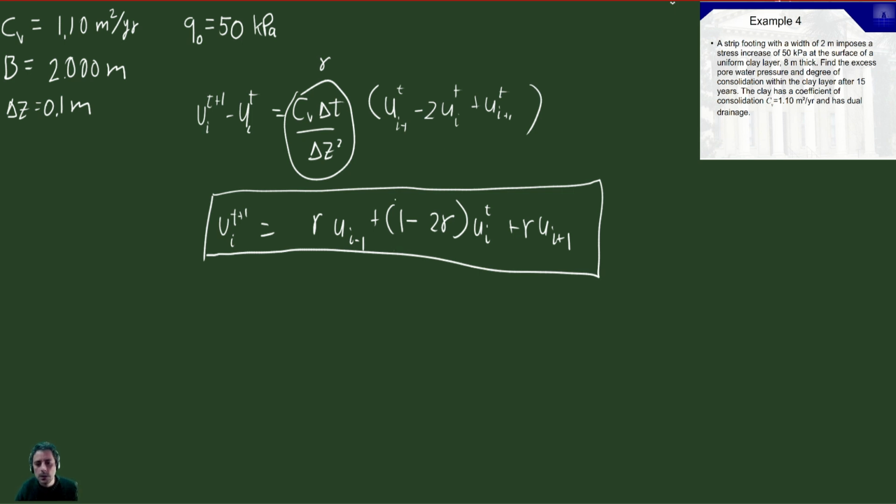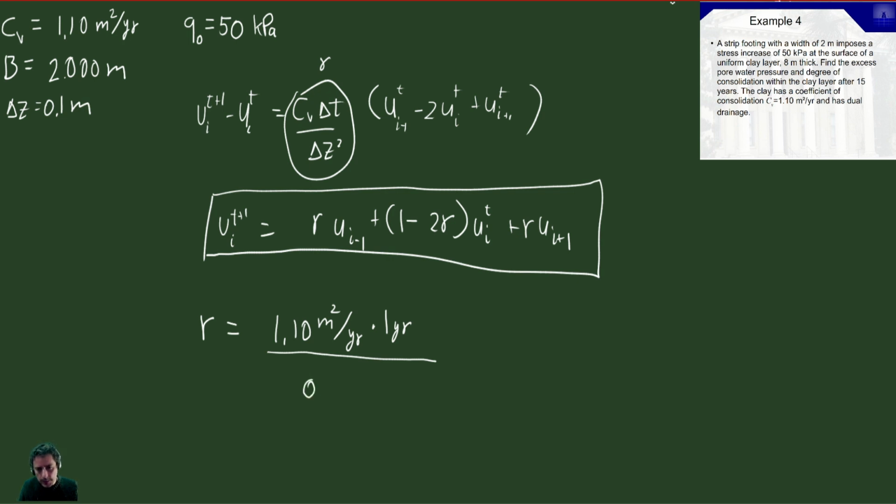And so we therefore have to determine what r is. In this particular case, we said CV is 1.10 meters squared per year. Our delta t, well, we want to know what delta t is. First, let's assume that it's 1 year, just to see if we're within the parameters.